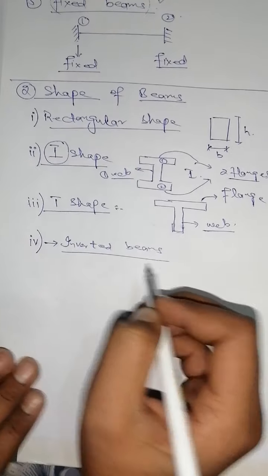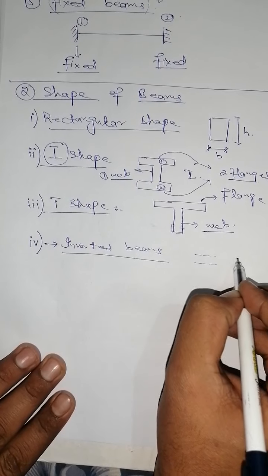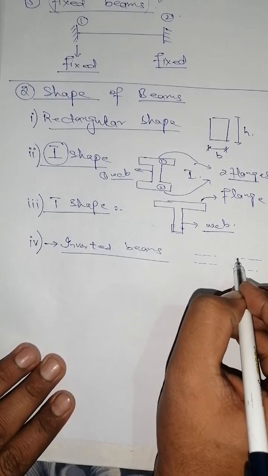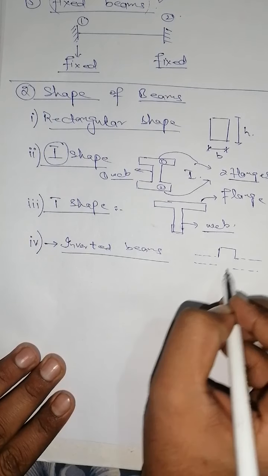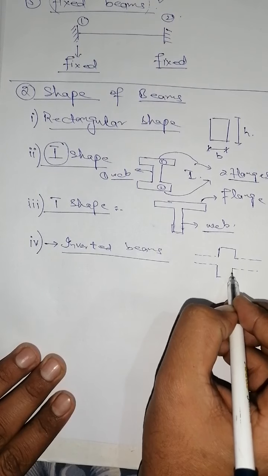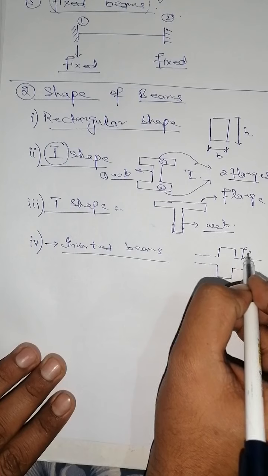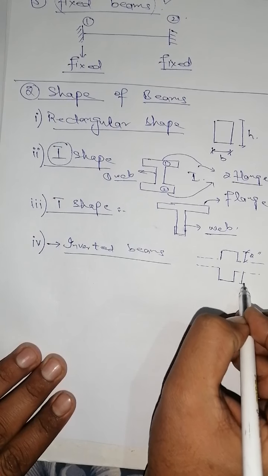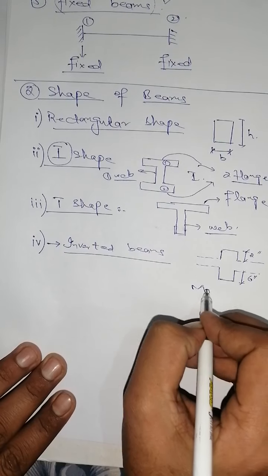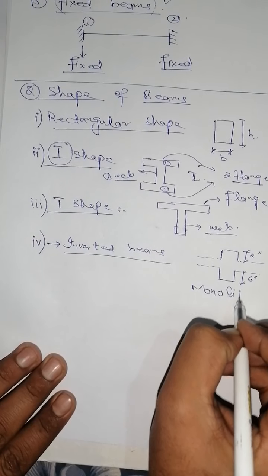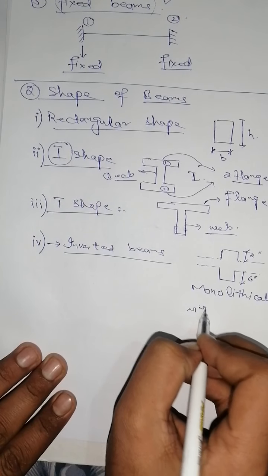Inverted beams are, suppose we have a slab like this, and some beams are extended above the roof. Suppose this is 2 inches extended above the roof and 6 inches below the roof, and they are cast monolithically with the slab.